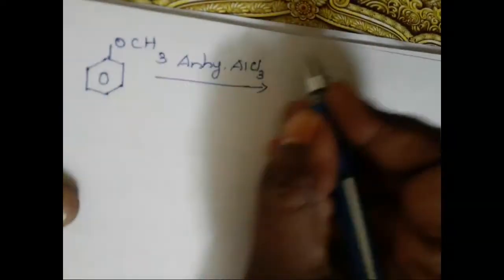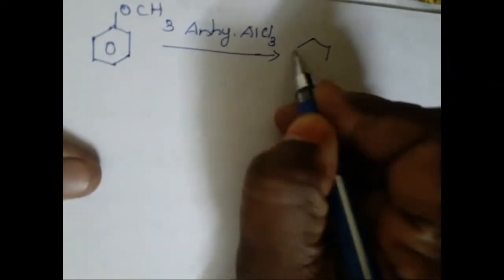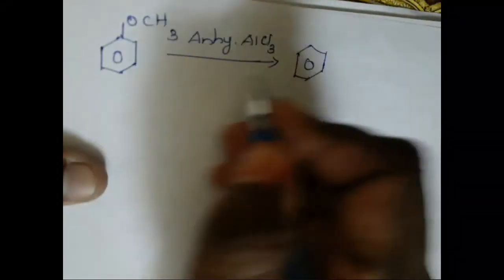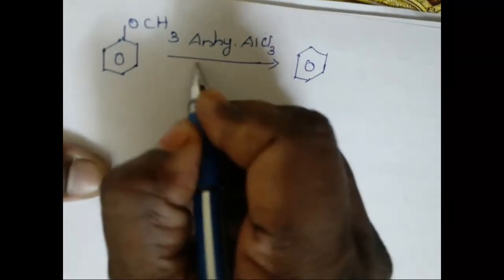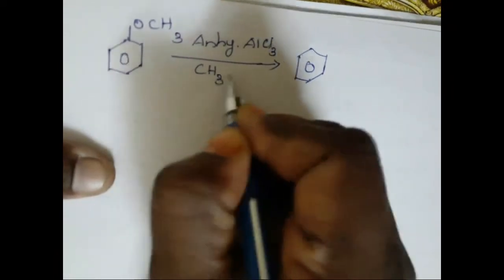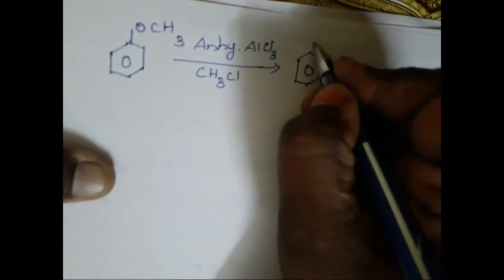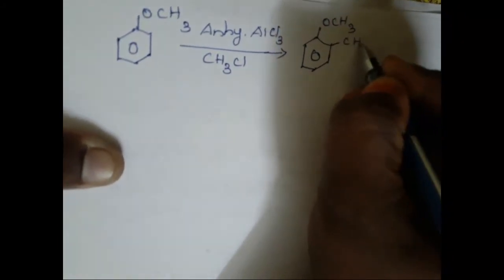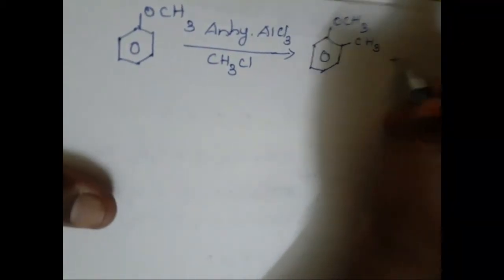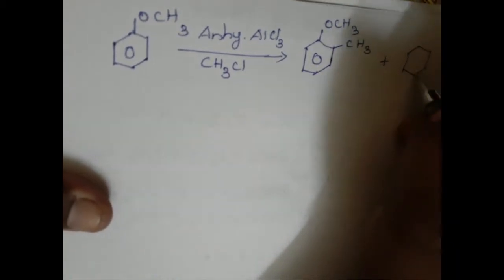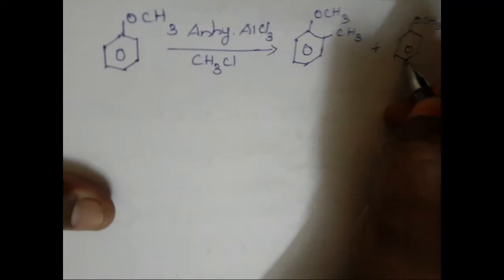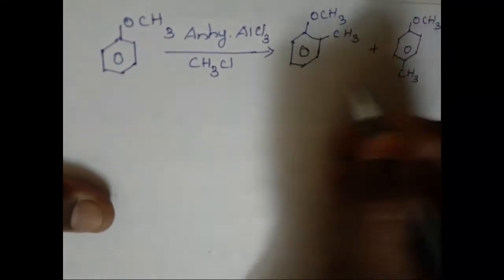It is a Lewis acid. It undergoes alkylation, so we are taking CH3Cl for alkylation. It forms the compounds 2-methoxytoluene and 4-methoxytoluene.